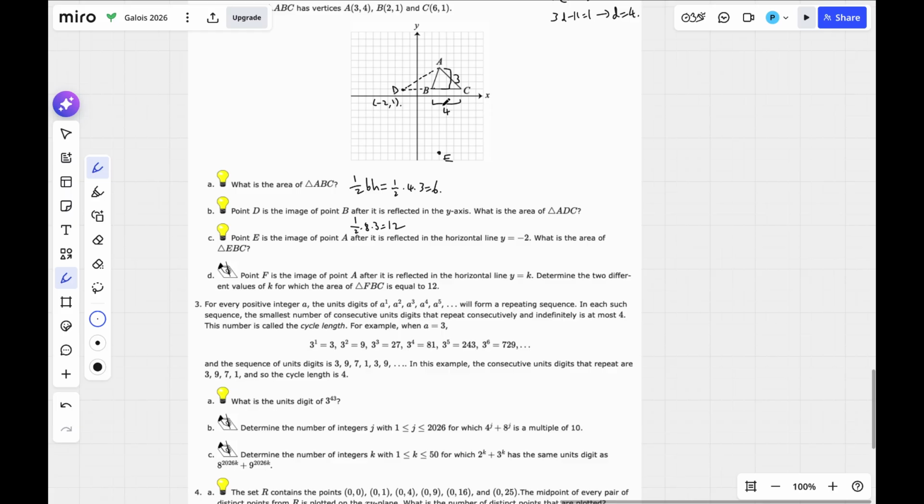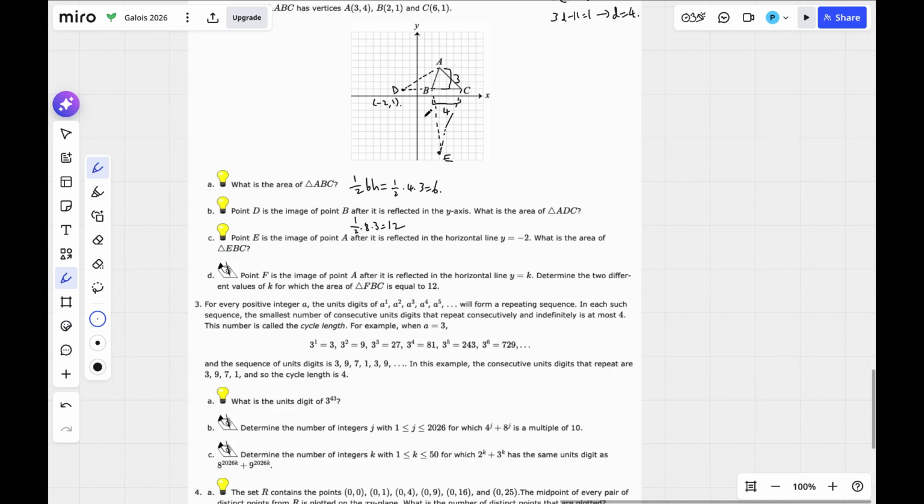And so after reflection, A will go here, so this will be E. So now, the base is still 4, but the height has changed.